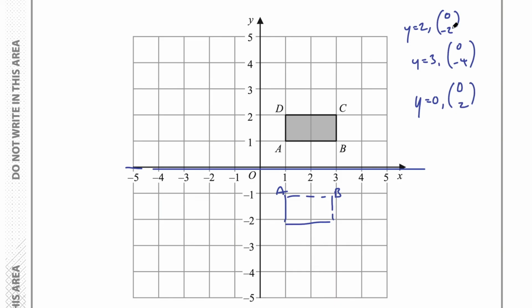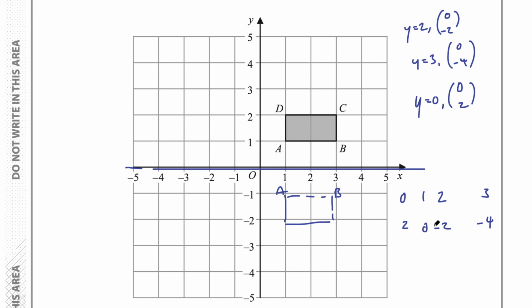So what I'm looking for is some kind of pattern in order to describe this translation in relation to k. So let's say I wrote these out as a sequence. Now we don't have 1, which is kind of tricky, but 0 is 2, 2 is minus 2, and 3 is minus 4. So you can imagine 1 would actually be 0, wouldn't it?